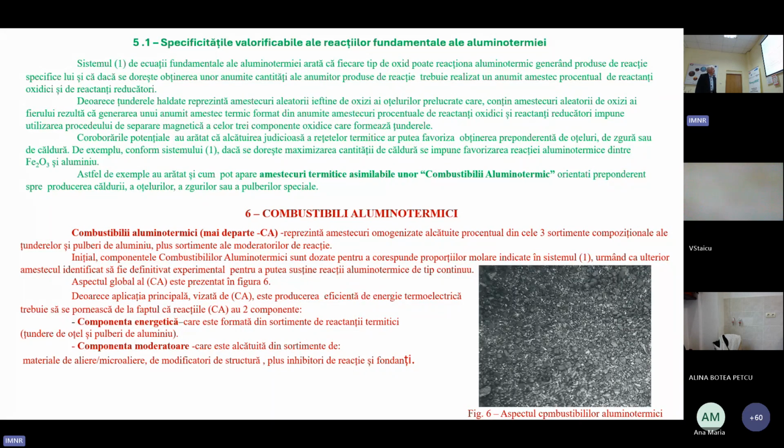Inițial, componentele combustibililor aluminotermici sunt dozate pentru a corespunde proporțiilor molare indicate de sistemul 1, care este sistemul de bază al reacțiilor aluminotermice. Bineînțeles că există o componentă energetică și o componentă moderatoare, pe care vi le-am prezentat înainte.